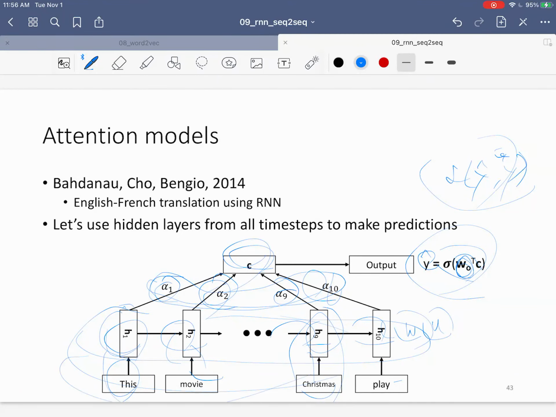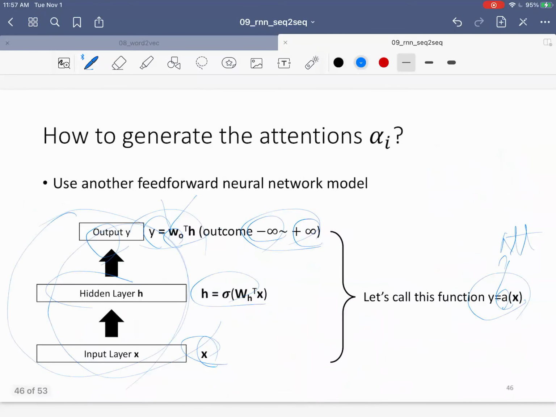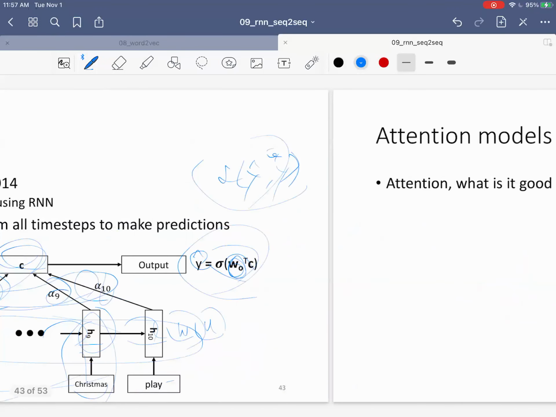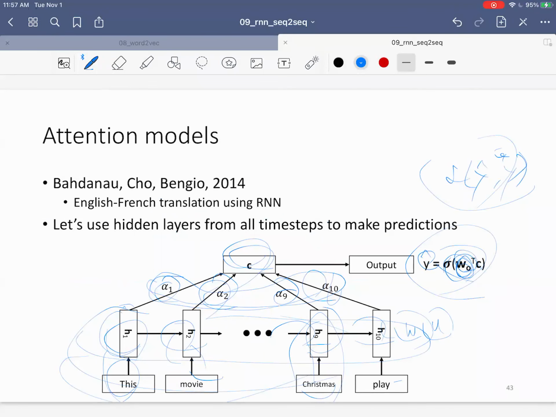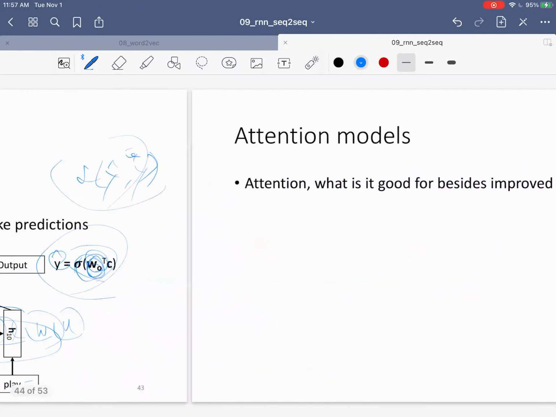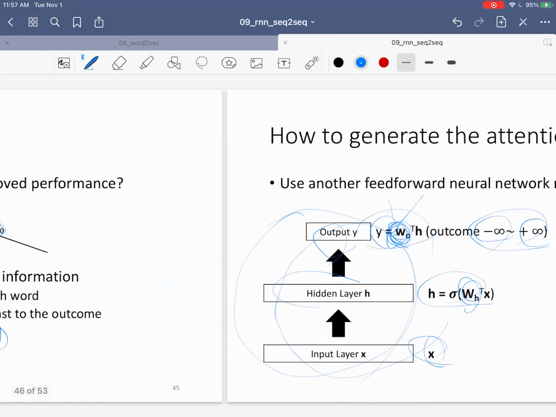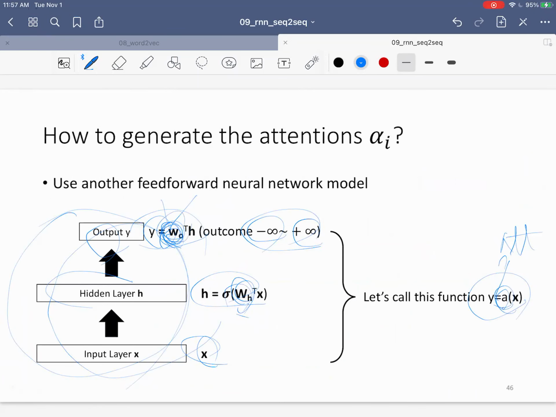But also your WO here, which actually is a different WO, your WO in your A function and your WH in your A function, these two parameters in your A function will also be updated at the same time. So everything is updated end to end. Your final prediction logit, your final prediction vector, your sigmoid vector, your RNN vectors, your RNN parameters, and your A function parameters are all updated at the same time.